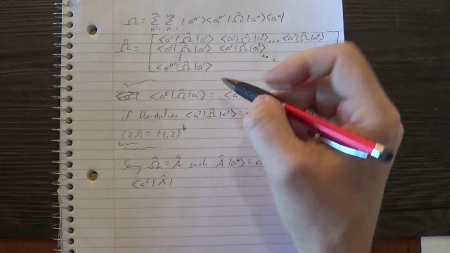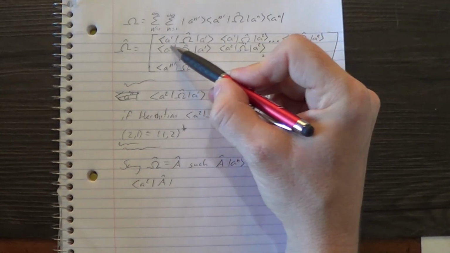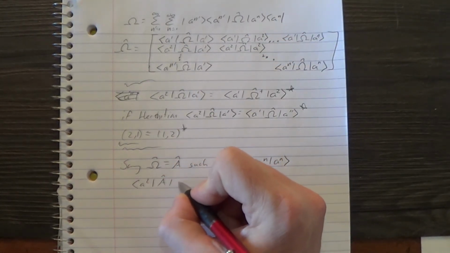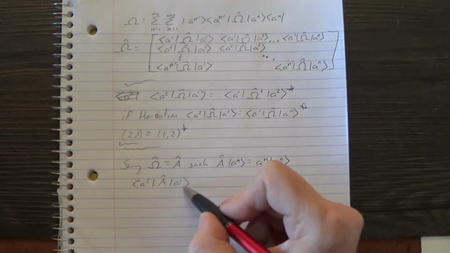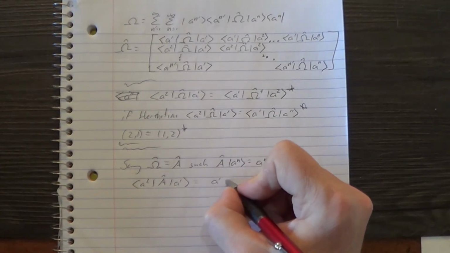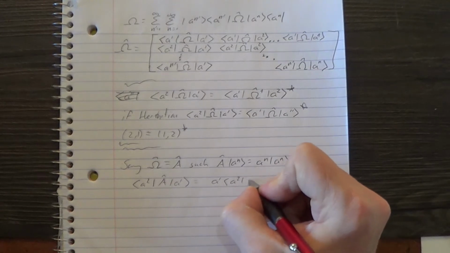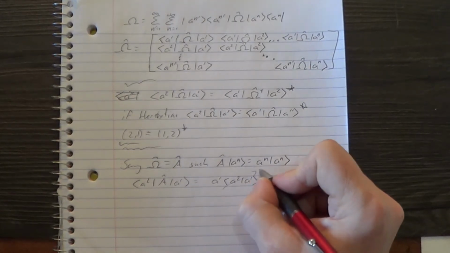So let's look at this one, this off diagonal, this 2, 1 state right here. So that's A2, A operator, A1. Okay, now let's associate the operator acting on the ket. So that would be A1, the eigenvalue, A2, A1, oh, that is 0, right? That is 0.